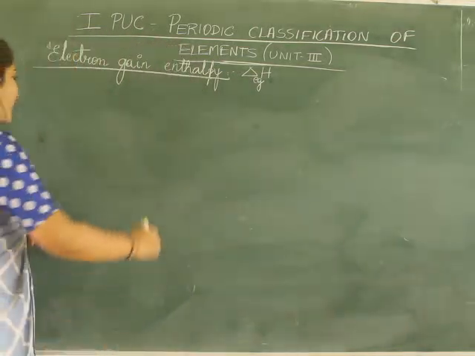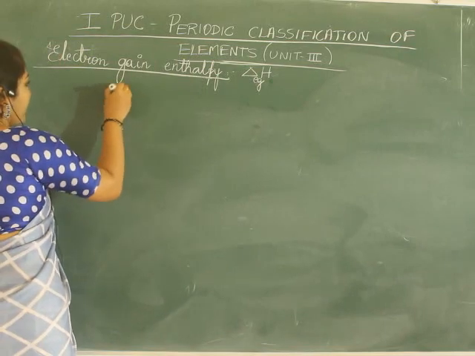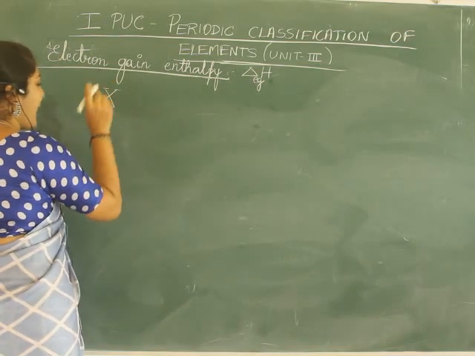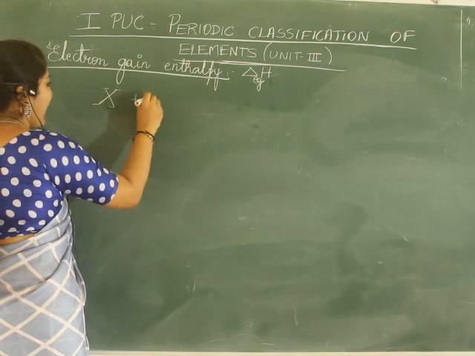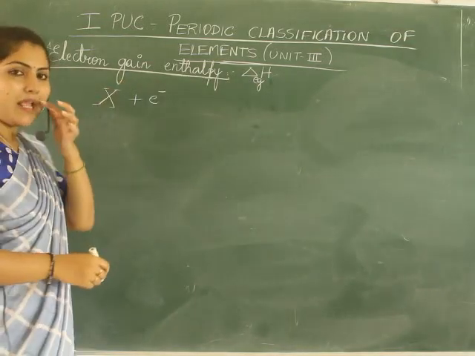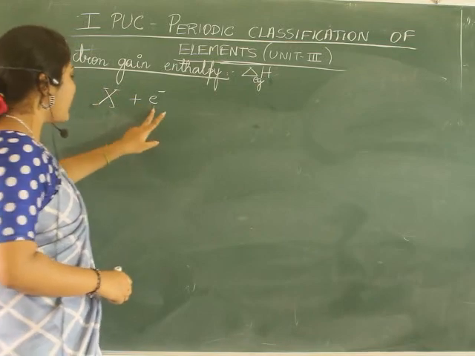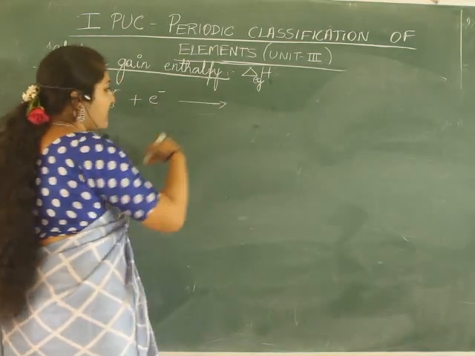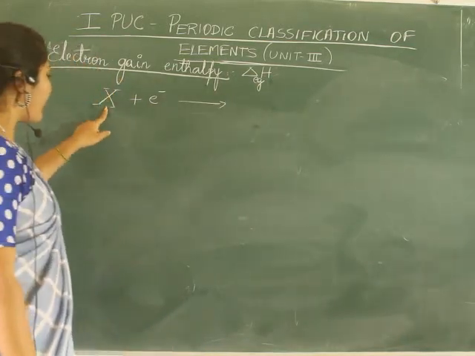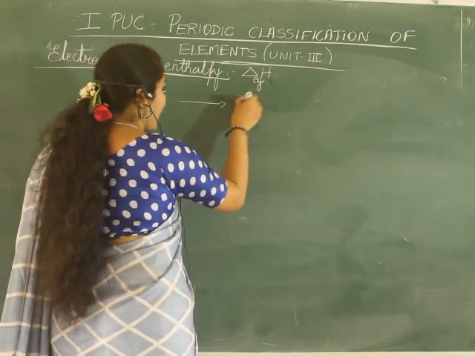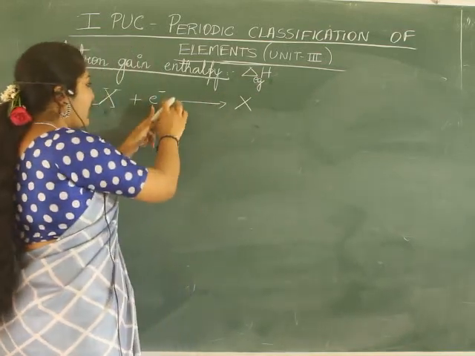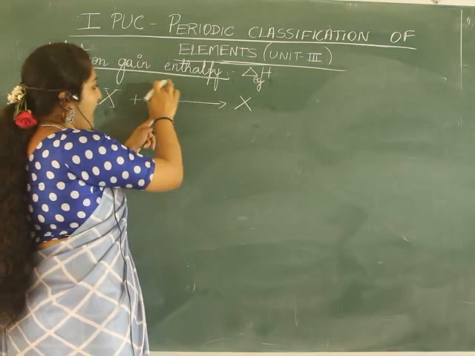Okay, let me explain you now. Say you have an atom, any atom, and an electron is added to it. I'll give you the definition after explaining this. Electron is added to it. What happens now? This X has gained one electron. That means it has gained one negative charge.